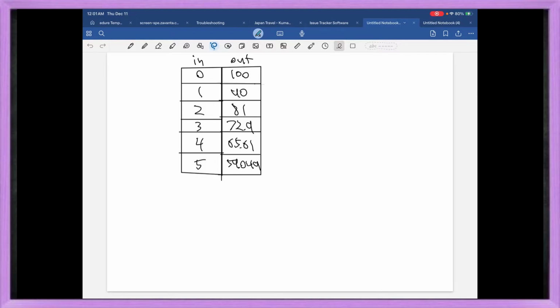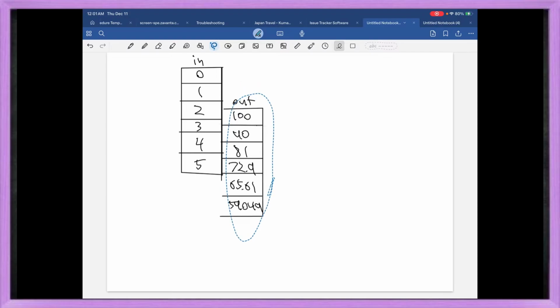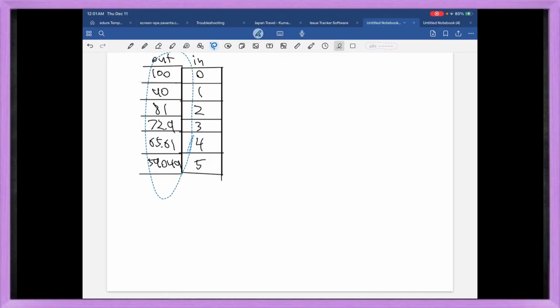Well, the inverse is just when the output of a function is equal to the input of a separate function. And this is our table, our input and our output. For the logarithm, it's just swapped. Our input becomes our output, and our output becomes our input.